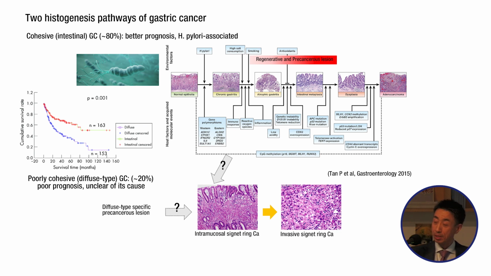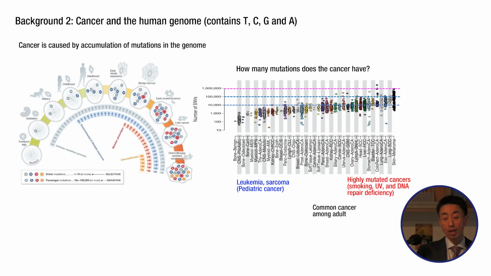It is not much associated with infection, and the problem is that this diffuse type has a poorer prognosis and an unclear cause. We don't know why this cancer occurs, but it is a very dismal disease. So that is the background of gastric cancers.